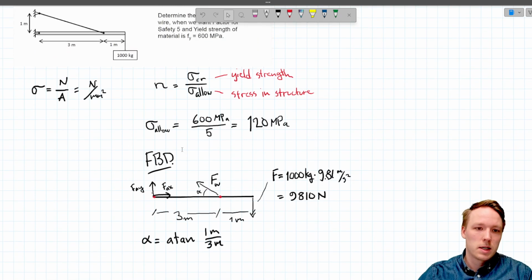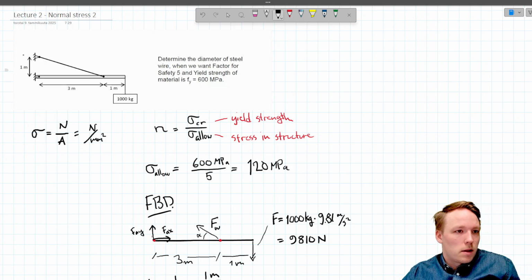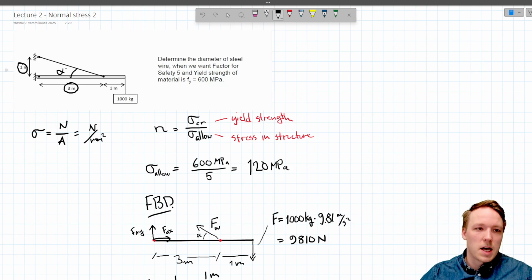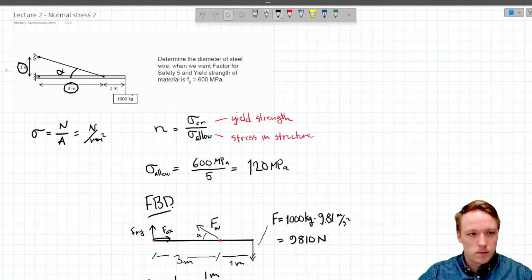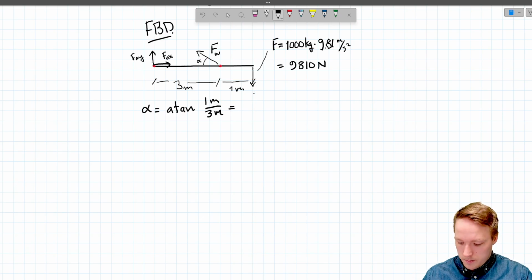Where do we get this? In this assignment, this dimension here is 1 meter, 1 meter here, and this is 3 meters, and this is the angle alpha. So it's tangent, so arctangent of 1 meter by 3 meters is the angle alpha. From there we can easily get the value for the angle alpha, which will be 18.4 degrees.